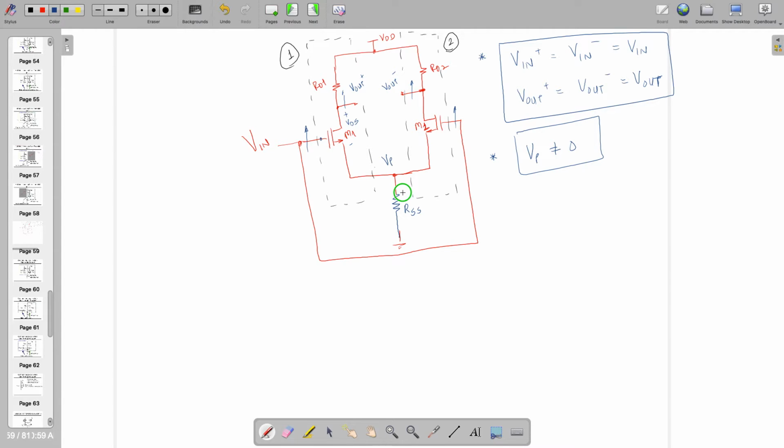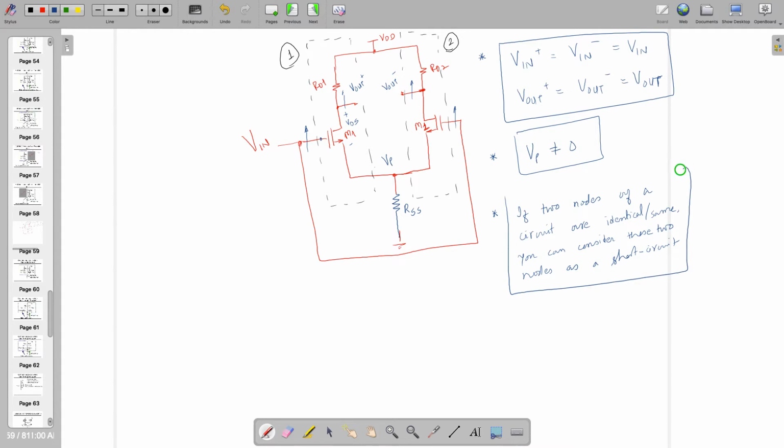On top of that, there is a third theory which says that if two nodes of a circuit are identical or exactly the same, you can consider those two nodes as a short circuit, right?